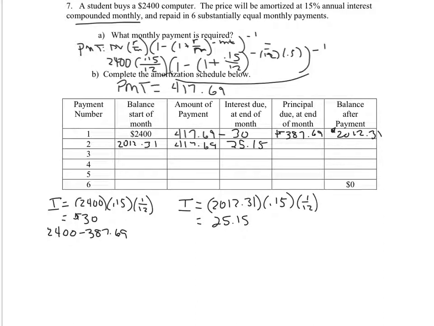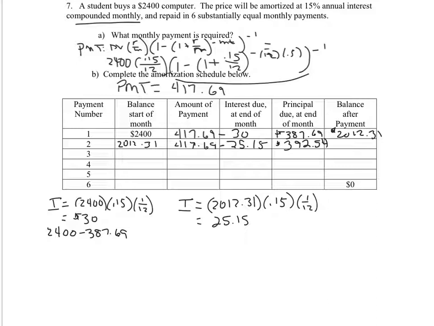So out of that $417.69 payment, if you subtract out the interest, that means at the end of the month you have $392.54 that gets applied toward the principal.